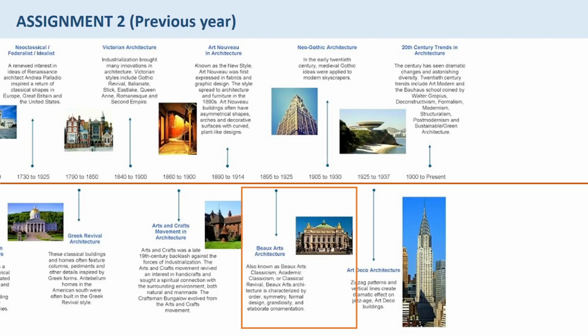So to counteract that industrialization, which was making everything look the same and making everything lose ornamentation, the arts and crafts and Art Nouveau movements started. What happened in arts and crafts was that it revived an interest in handicrafts, and it sought a spiritual connection with the surrounding environment, both natural and man-made.